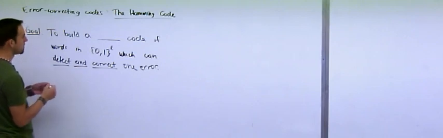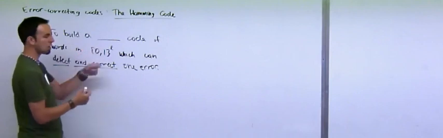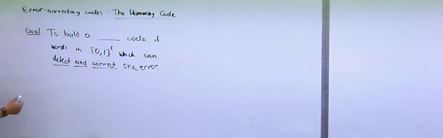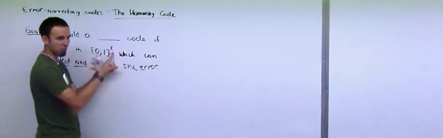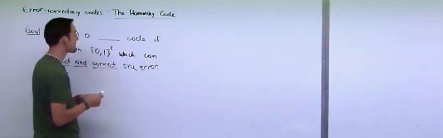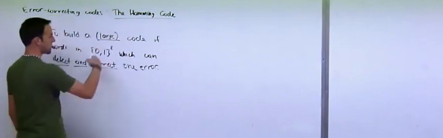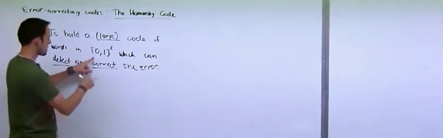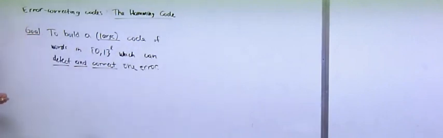And the idea, of course, is that you want a code that has a lot of words, because for a given length, you want to be able to use a lot of different words so that you can have many things that you can say. So the idea is that you want to build a large code consisting of many words, so that you can detect and correct mistakes by using this code.